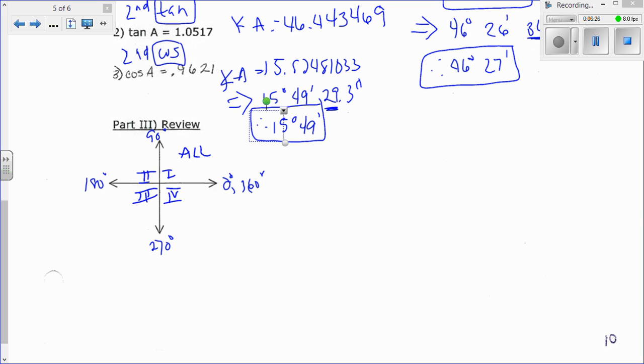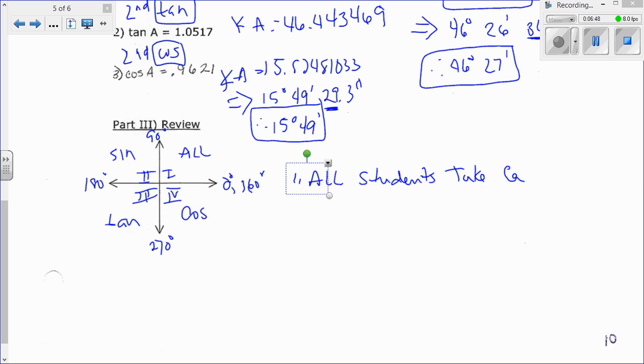This is all, this would be sine, this would be tangent, and this would be cosine. Remember our saying, all students take calculus.